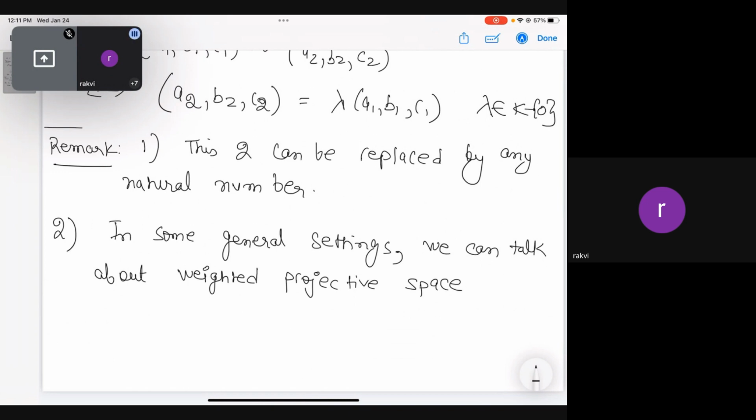By weighted projective space, I mean that instead of insisting that A2 is lambda times A1, I can insist that it is lambda to the power a times A1, where a is some constant.